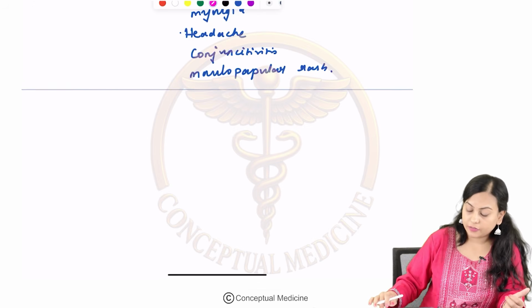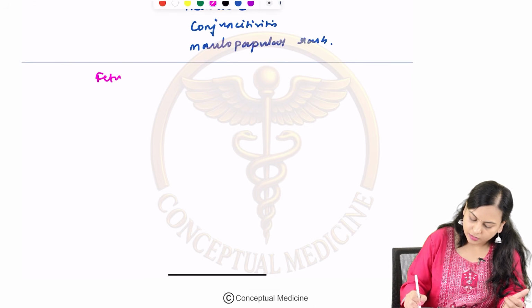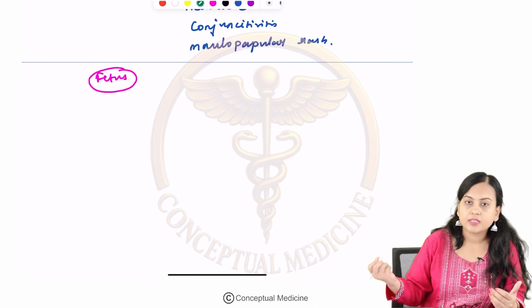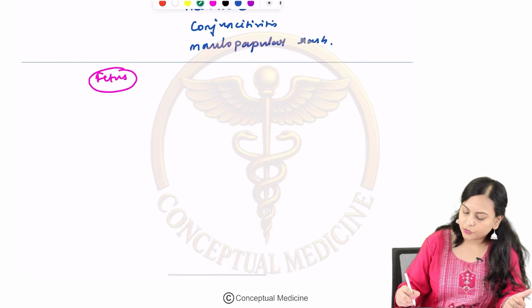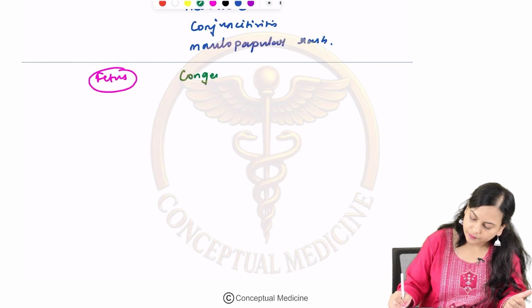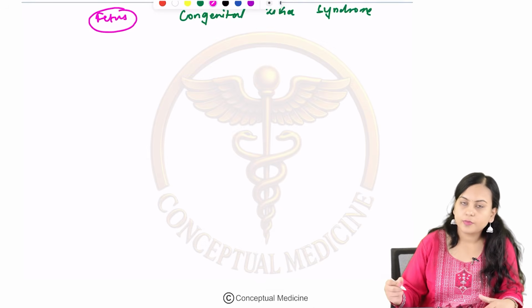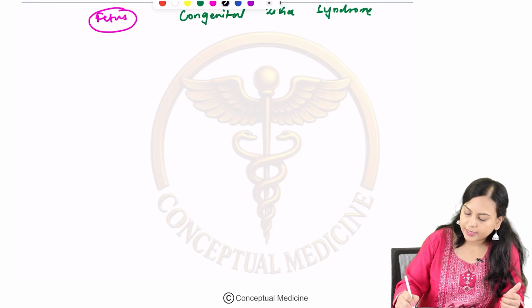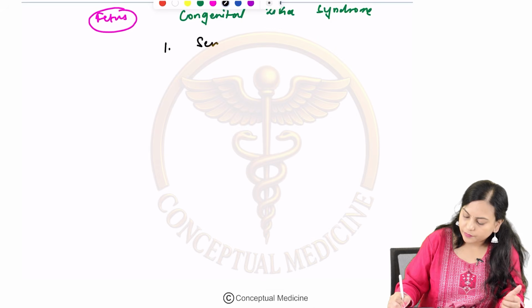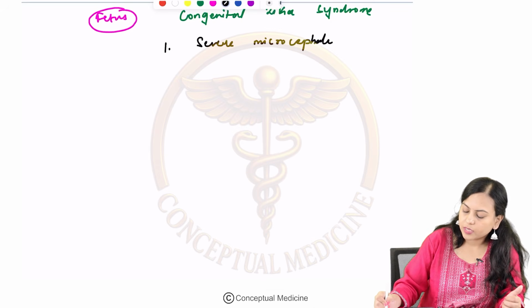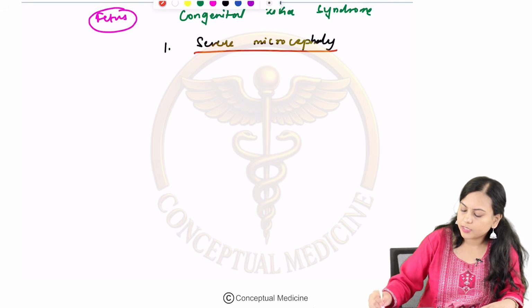And in the fetus, you will be able to see a syndrome called as congenital Zika syndrome. Okay. So, you will be seeing some features like severe microcephaly. Okay. So, this is very important.